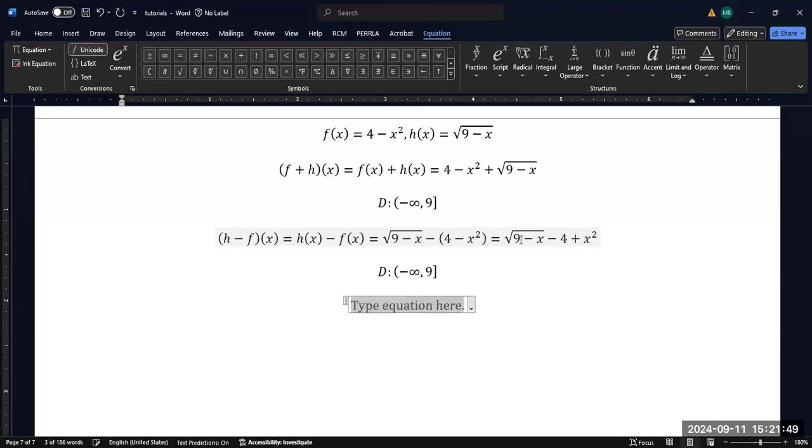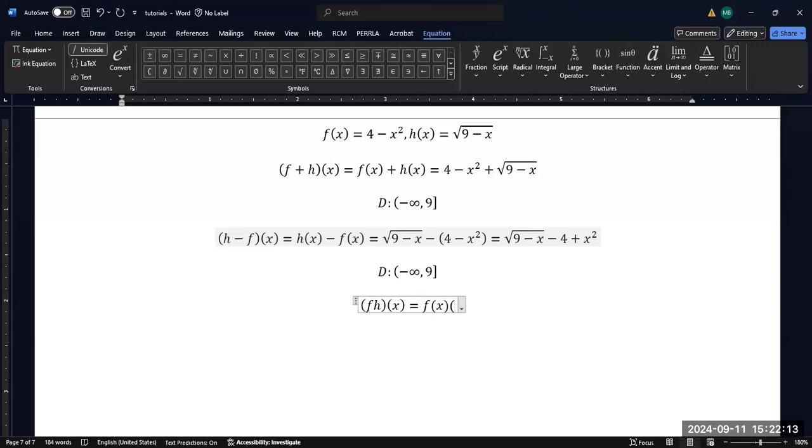What about fg, or fh in this case? Now, occasionally you will see this expressed with a dot in between. That is not to be confused with the composition notation, which is an open circle, but it's just multiplication. So again, not by x, but the two functions by each other.